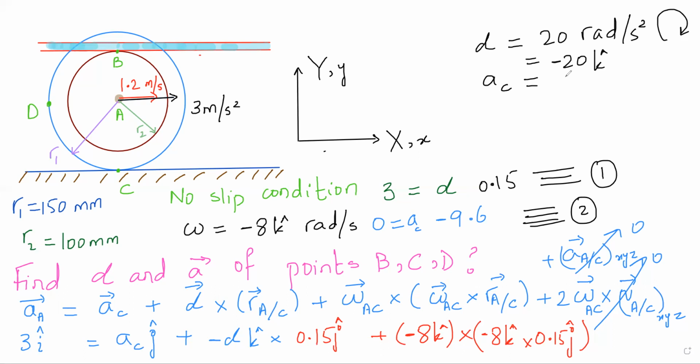And AC is 9.6. And I assumed my AC as positive J. So nice and beautiful positive J. For getting the answer positive, it means that our assumption is correct. Positive will be in the negative k direction.